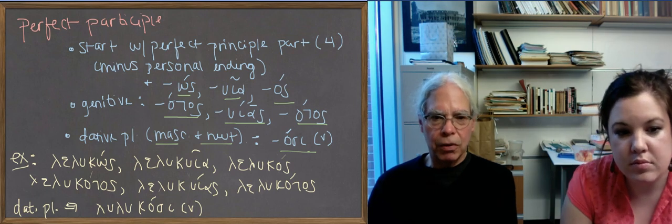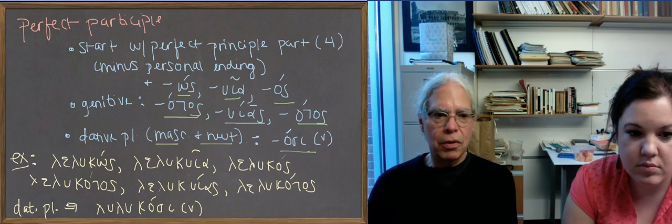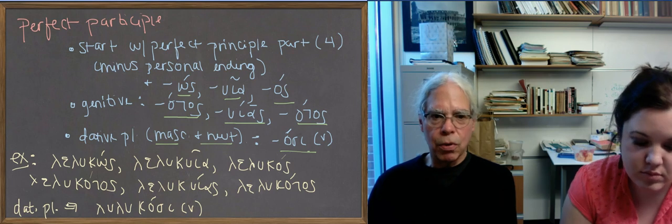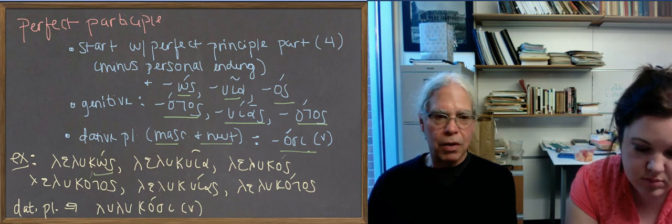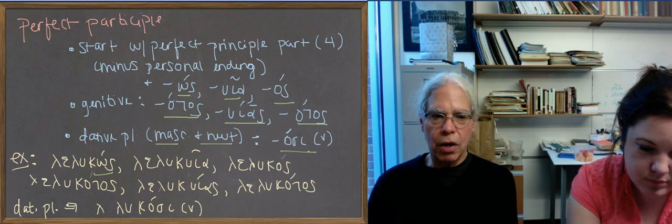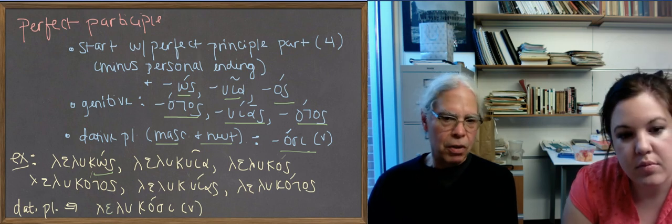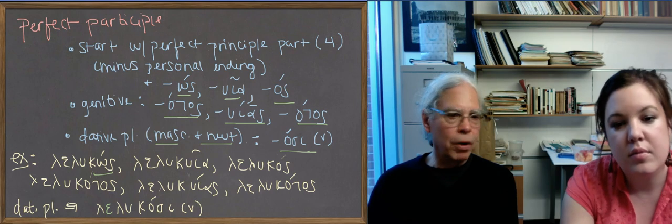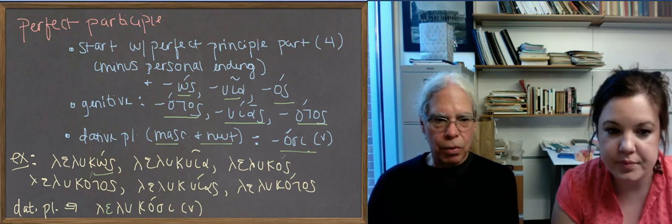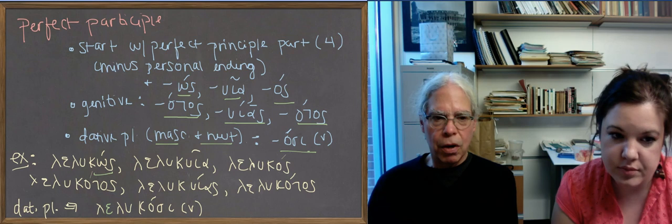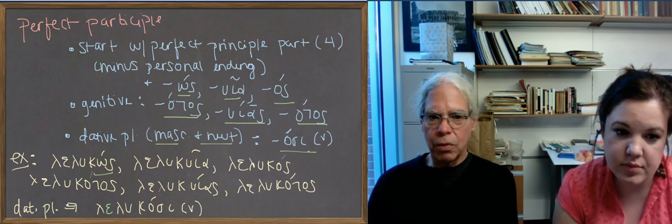So there's our example now, lelukos, because the leluka has a kappa suffix for the perfect. Lelukos, lelukuia, lelukos. Notice that the reduplication remains in place because the reduplication is not a tense marker, it's an aspect marker rather. So lelukos, lelukuia, lelukos, lelukotos, lelukuias, lelukotos, and the dative plural is lelukosi.